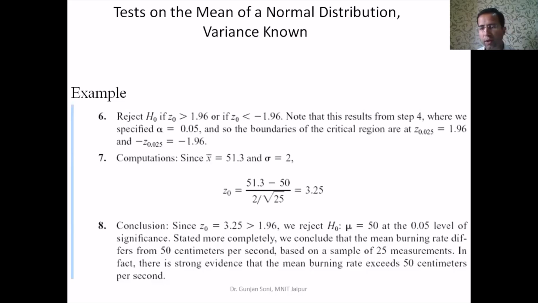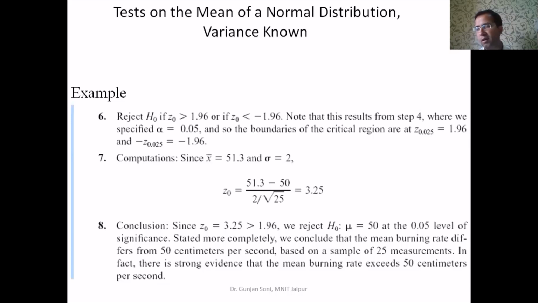the variation is so high, and corresponding to that mean value of the sample, it deviates so much away from the mean that I cannot accept my mean to be 50. Hence, I have sufficient evidence to accept the alternate hypothesis. That's what the conclusion is. So you never say accept or reject null hypothesis.